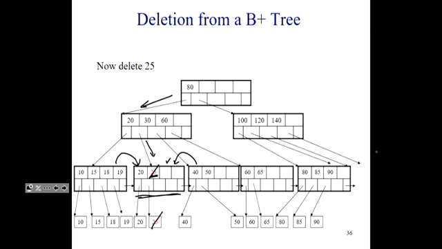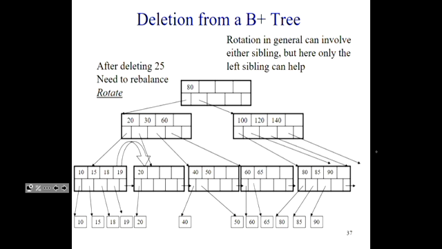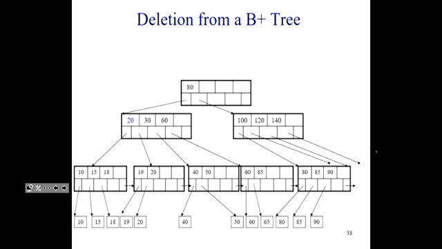So in this case, I grab stuff from the left-hand side. This is a rotation operation, and like I said, rotation can involve either sibling. Here only the left sibling can help. The right sibling has just D, not greater than D. So I rotate from the left sibling.